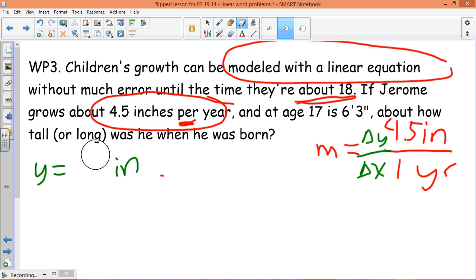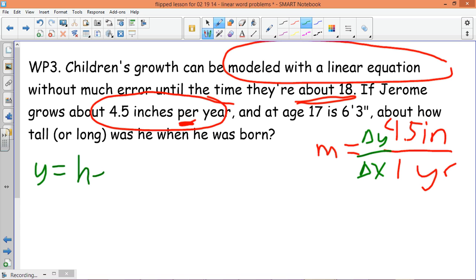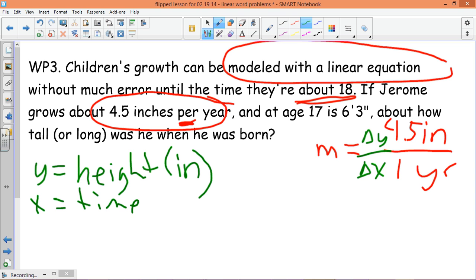My y must be height, which is going to be measured in inches. And my x is going to be time, which looks like it's measured in years. Okay. So just keep in mind, all my units need to be in inches and years.